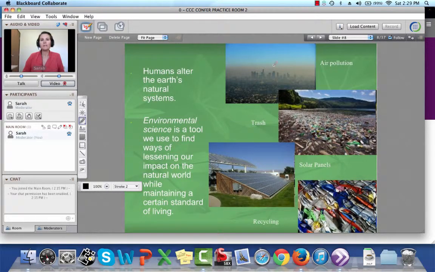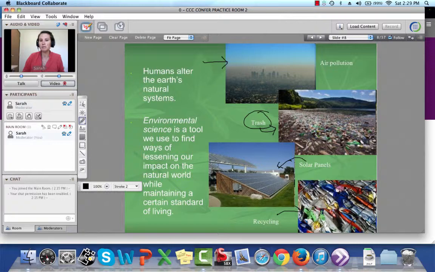Now, basically, humans alter the Earth's natural systems. We alter our environment, and you can see pictures over here. On this one, we have air pollution, looks like LA, right? Here we've got some trash floating in the water. And then, of course, we also can do good things. We can put solar panels outside our home and create green energy.